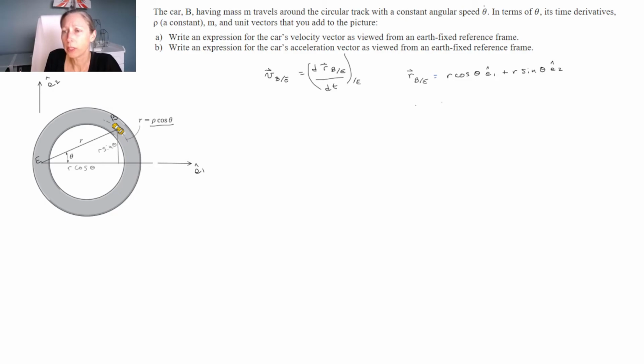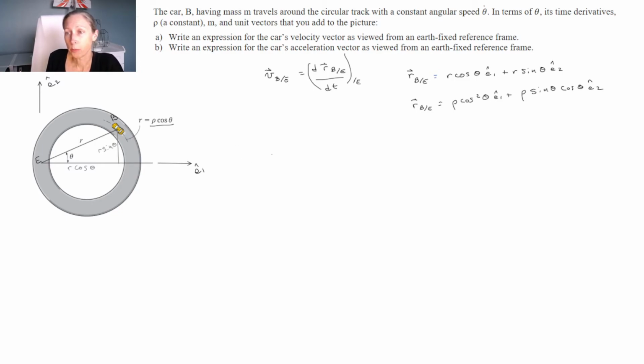So I'm going to rewrite this position vector in terms of rho cosine theta. So this is going to be rho cosine squared theta E1 plus rho sine theta cosine theta E2.